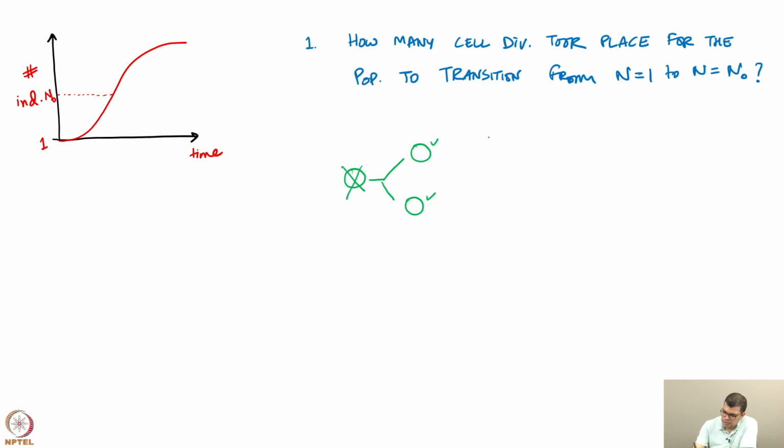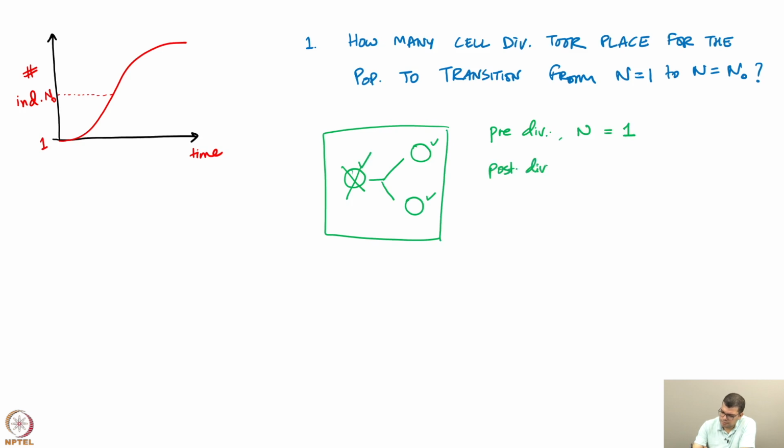So, what happens pre-division, if I am looking at just this event, pre-division, the number of individuals in the population was 1, which was this cell. Post division, the number of individuals in the population was 2. This is one cell division event.